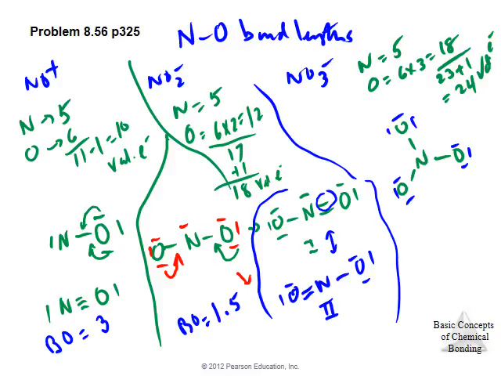It'd be a double bond here, single bond here. So that's 4, 6, 8, 2, 4, 6, 8, 2, 4. So this is our structure 1.